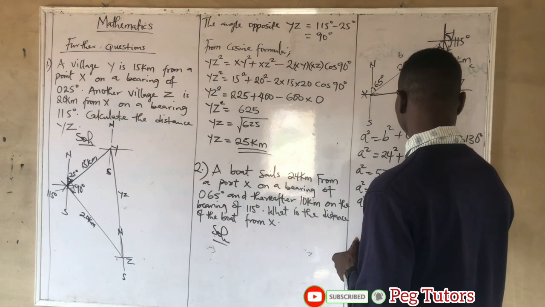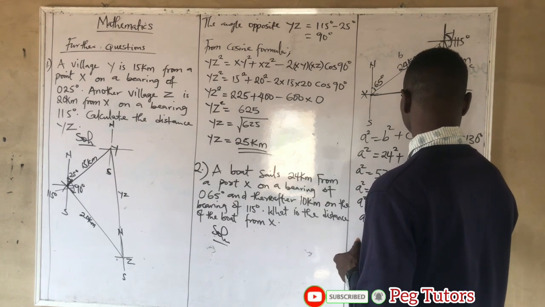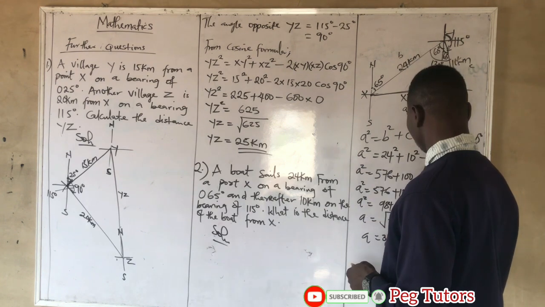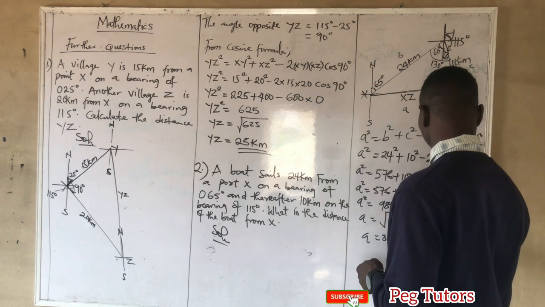That gives 984.64. Then A is equal to the square root of 984.64, which is approximately 31.4 kilometers.